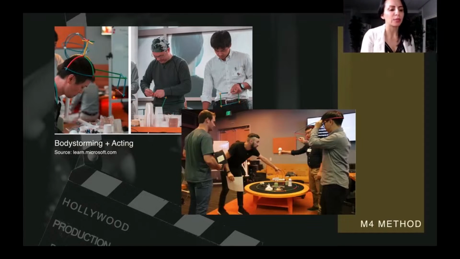So here we see from these sources from Microsoft, and this is the process for a design for mixed reality, actually for the HoloLens. And we see this team of engineers, designers, artists coming together in a group and performing this body storming and acting.